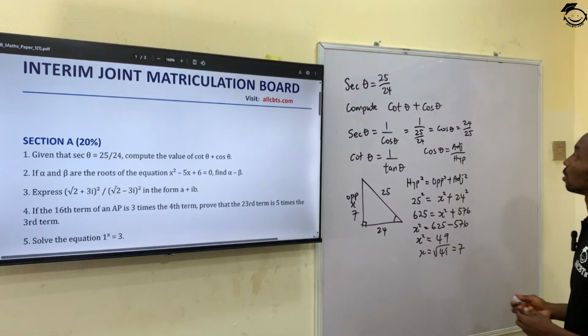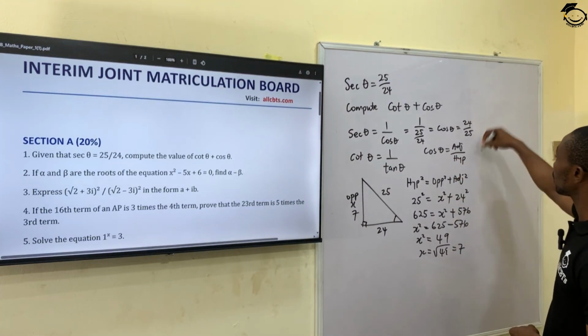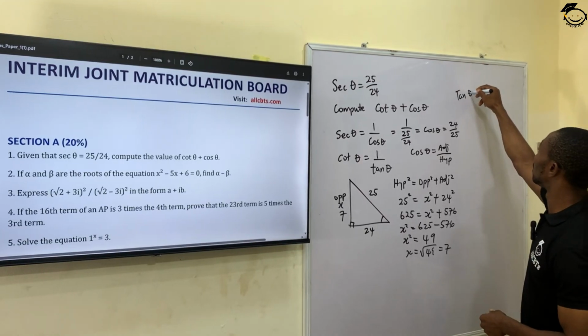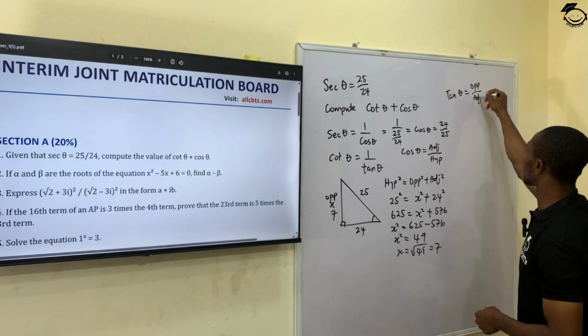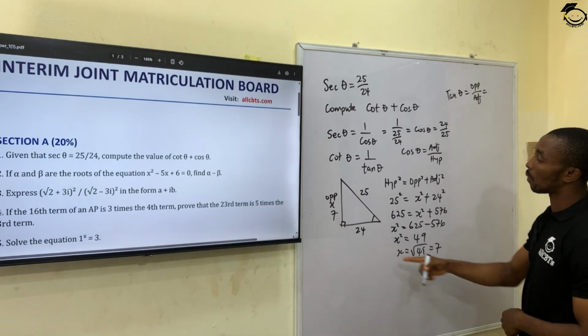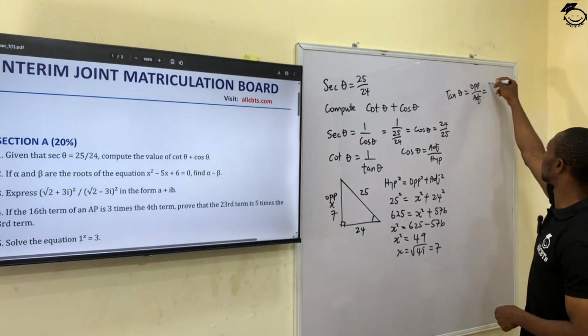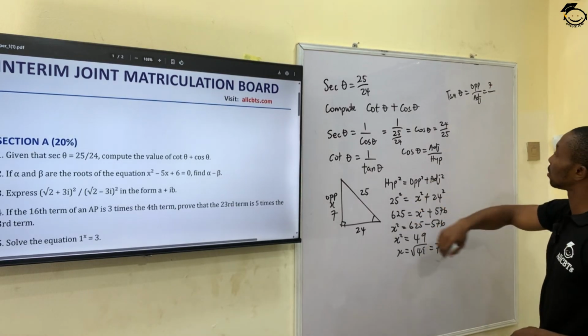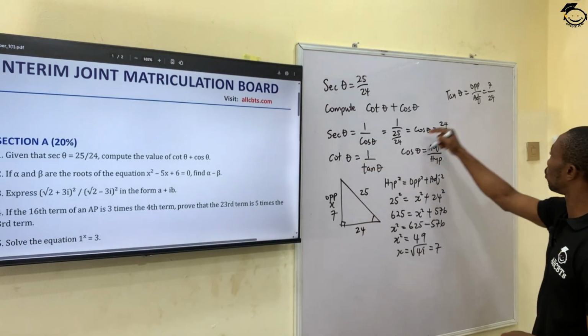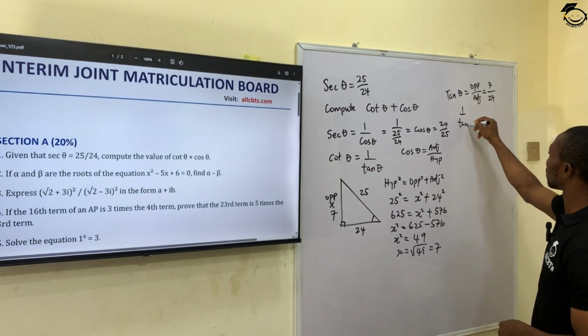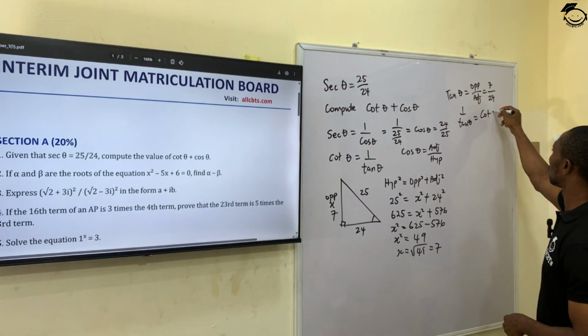Now back to our question. We know that tan theta equals opposite over adjacent. So our opposite is 7 and the adjacent is 24. So for us to get cot theta, it will be 1 over tan theta equals cot theta.